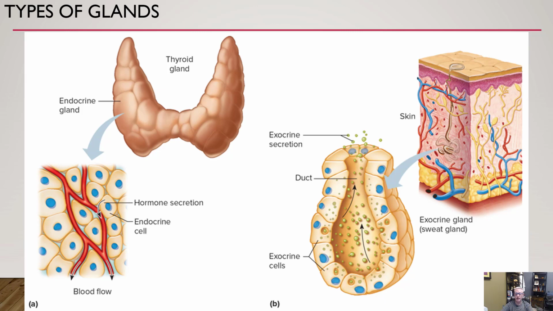So that would be an exocrine gland. And if you remember from AMP1, we had the merocrine, the apocrine, and the holocrine, different types of exocrine secretions. And depending on how much cellular debris came off was how we categorized if it was a merocrine, apocrine, or holocrine.